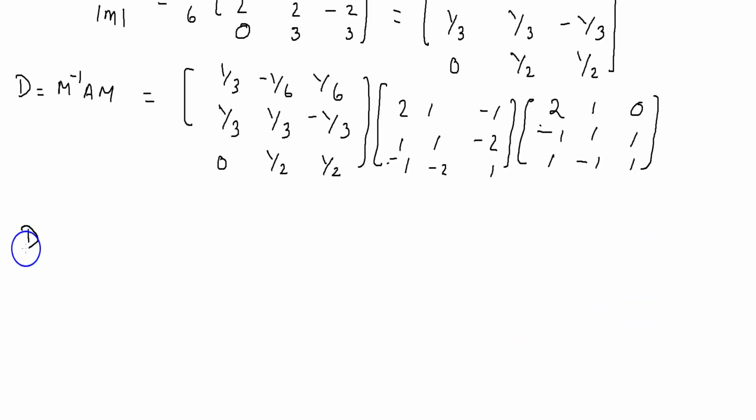After multiplying these three matrices, we get diagonalized matrix D equal to 1, 0, 0, 0, 4, 0, 0, 0, minus 1.